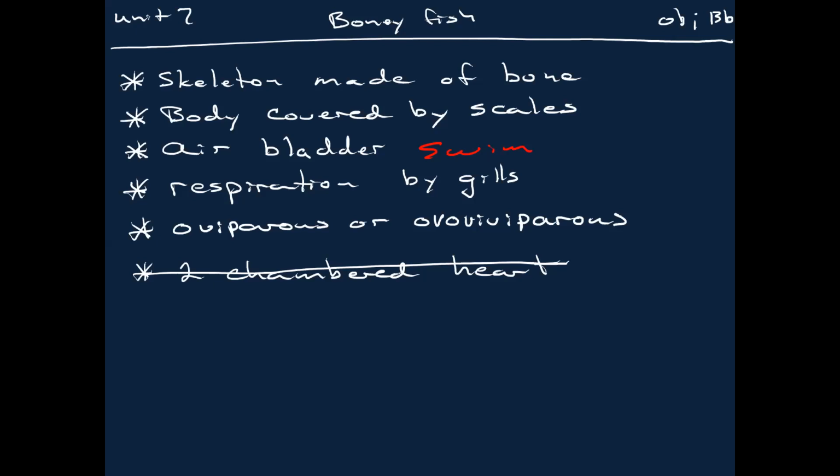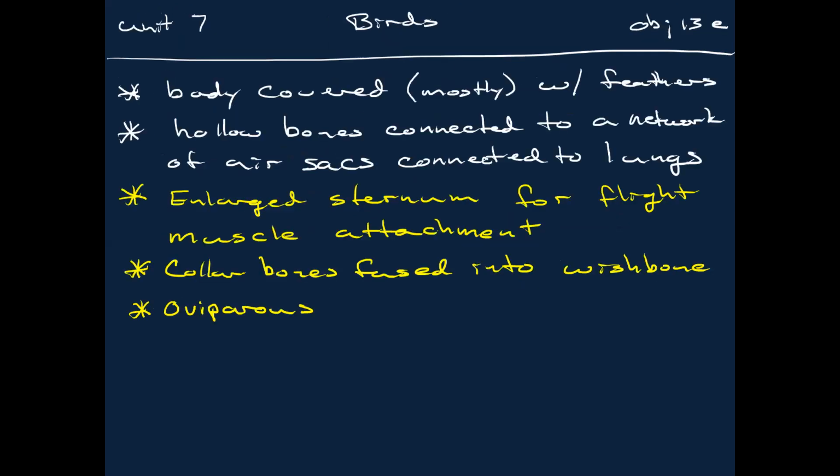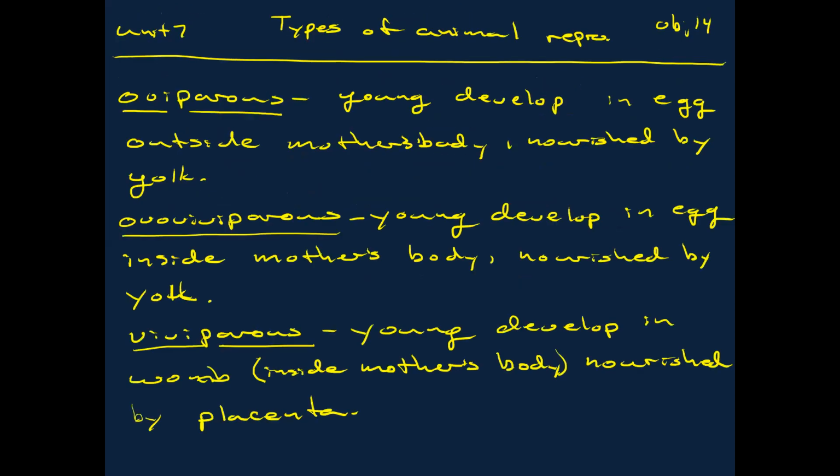Now, you don't know what those terms are, so I'm going to flip ahead a few cards here and look at those three terms, types or categories of animal reproduction. There are three of them, as I said: oviparous, ovoviviparous, and viviparous.